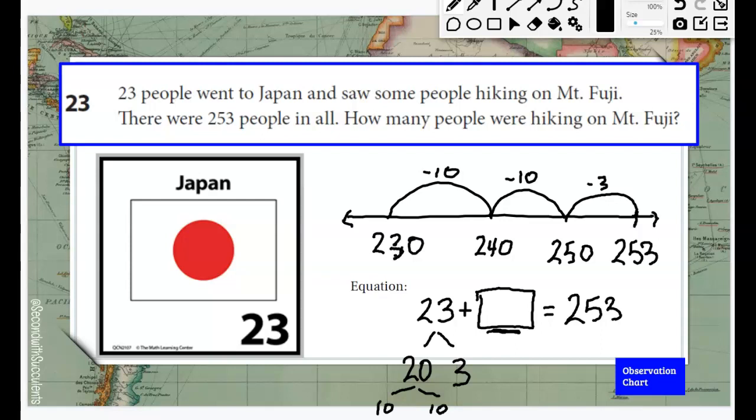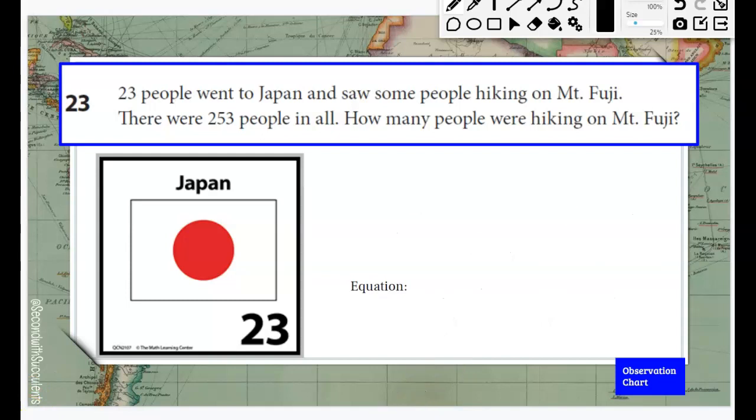Show a connection if you got the same answer of 230 with your open number line. Good thinking. Now you could have solved this problem in a different way. Let's look at our last story problem for today. Erase your boards.